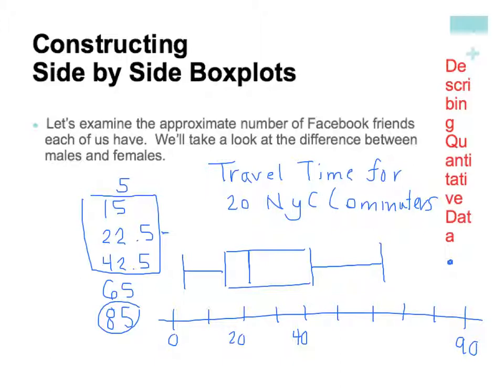And that's a much clearer picture of the distribution of travel times for these New York City commuters. Because I can now say, all right, the box makes up all of the regulars, all the fairly typical or normal people. This guy is unusual, so let's show him as such, an unusual commuter. Okay? So when you go to describe, you want to describe the fact that in this distribution, from the center to the right edge of the tail is a little further than from the center to the left tail.